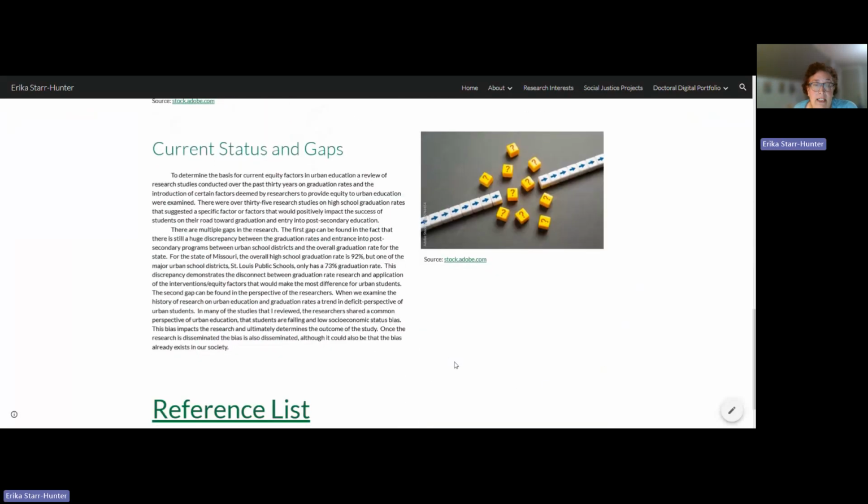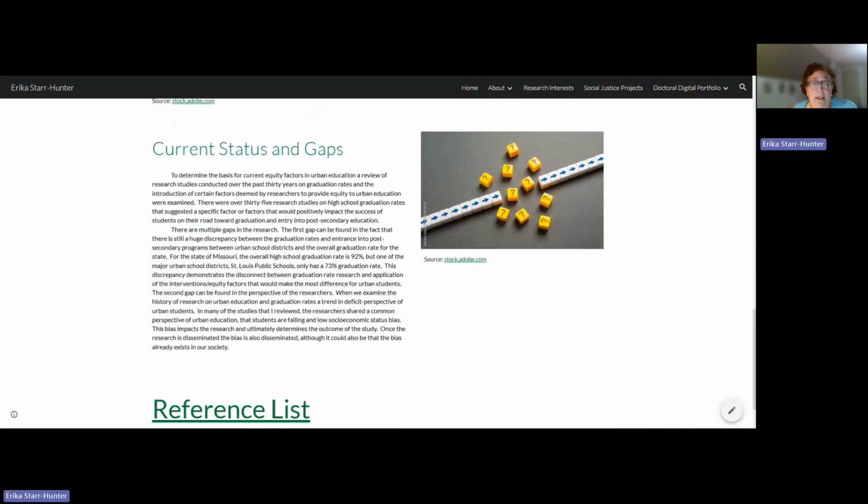What I see as the current gap, number one: in the state of Missouri, 92% is our graduation rate, but St. Louis Public Schools, which is one of the main urban education systems in the state of Missouri, has a graduation rate of 73%. So that gap there is evidence that there is a problem.